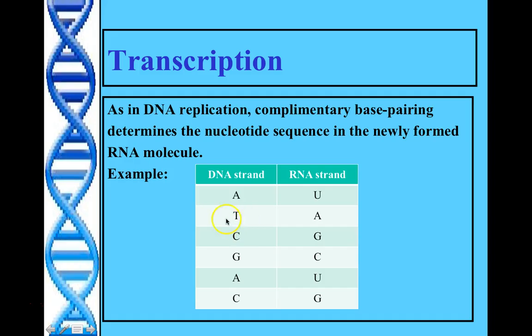Any T in DNA will still bond with an A in RNA because adenine exists in RNA. C will bond with G, and G will bond with C.